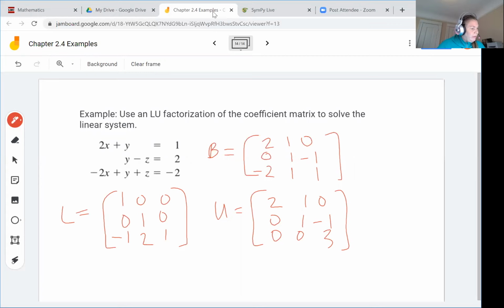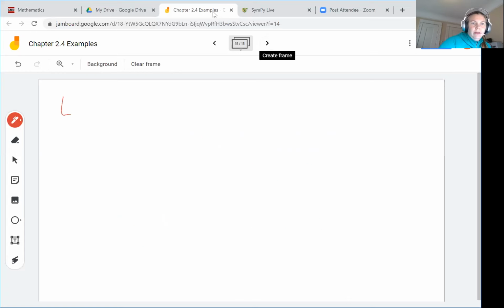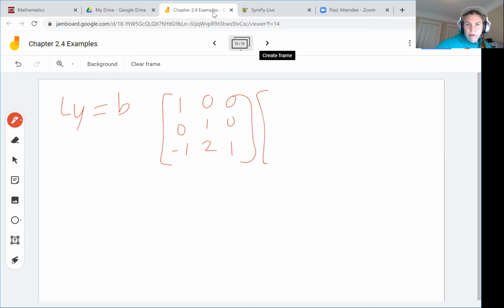Okay, so now we can say our lower triangular matrix times y is going to equal, we'll call this lowercase b, our column vector values here. So we get all these values, y1, y2, y3.